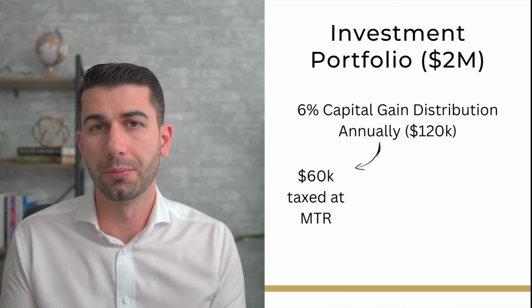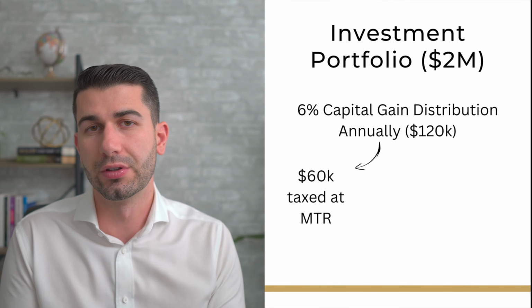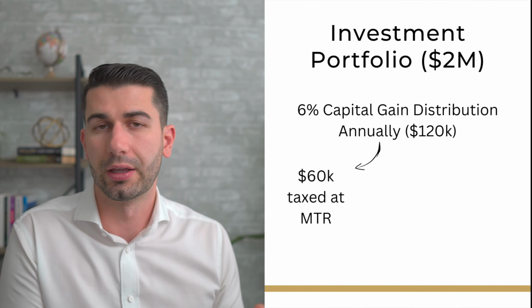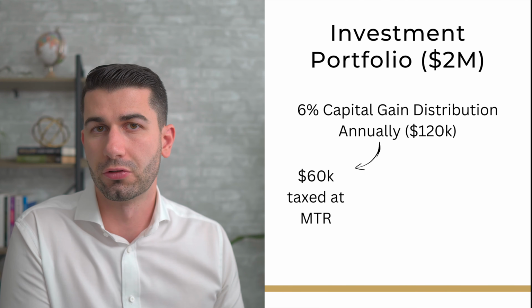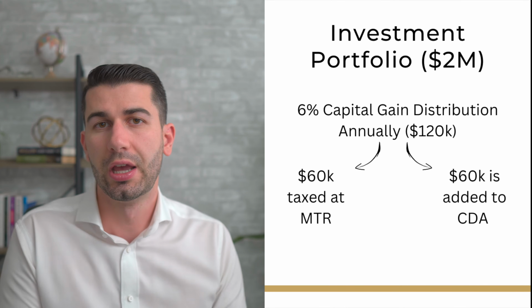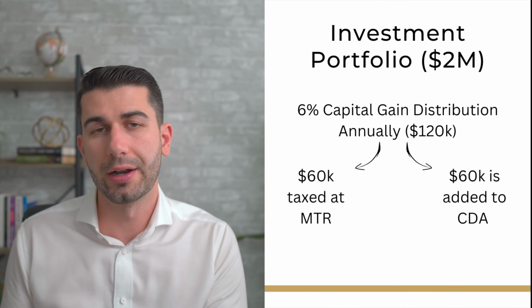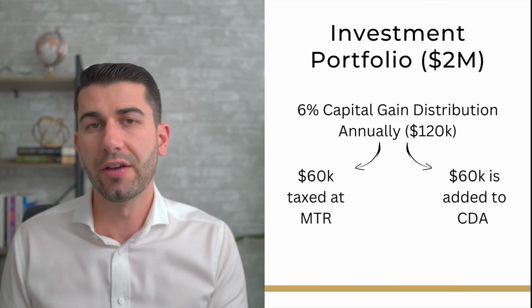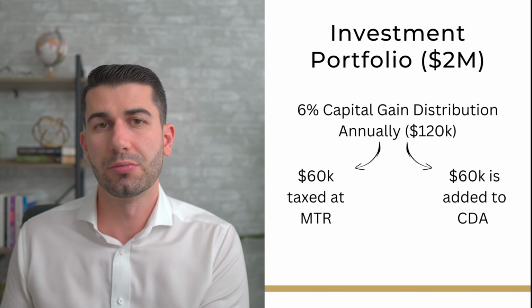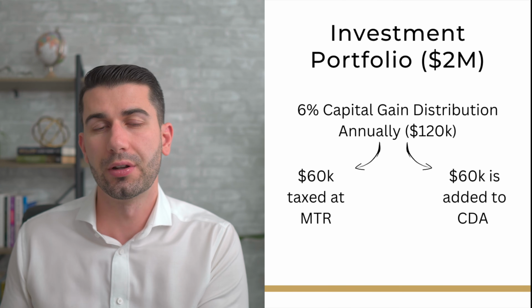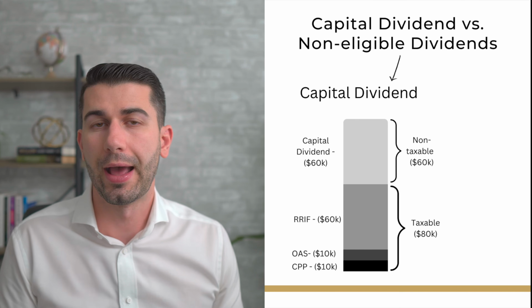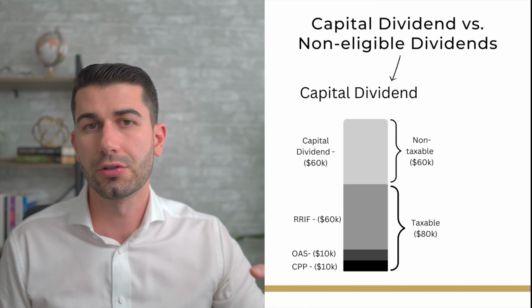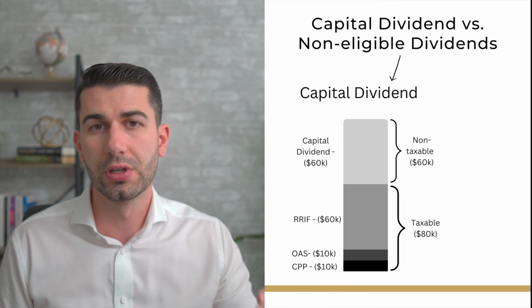Now, if we split that up, $60,000 gets taxed at the corporation's marginal tax rate for passive investments, and the other $60,000 gets added to the capital dividend account balance. So in theory, every year, George could pay himself a tax-free capital dividend of $60,000 out of his corporation to himself personally, and add that on to the $80,000 of taxable income he already receives and bump it up to $140,000.